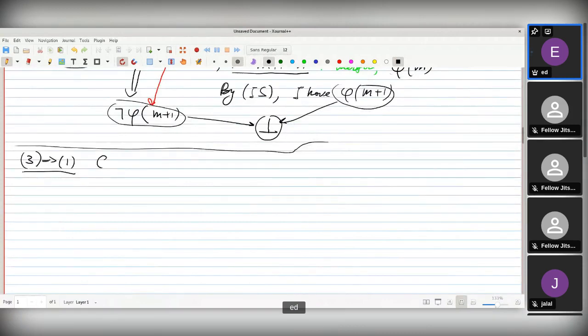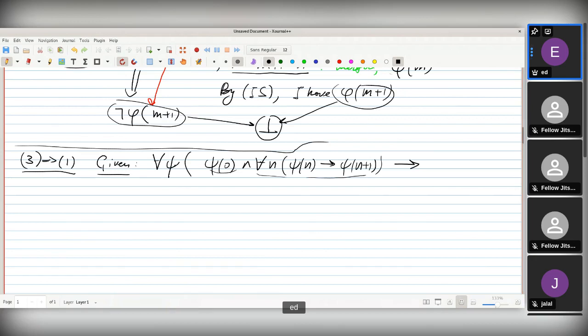So what is given? The mathematical induction principle is given. For every psi, if psi holds for 0, and for each n, psi of n is enough to obtain psi of n plus 1. So the base case, the step. If these two are in place, then we have psi of n for every number n. This is assumed.